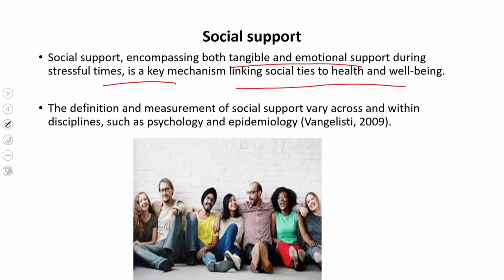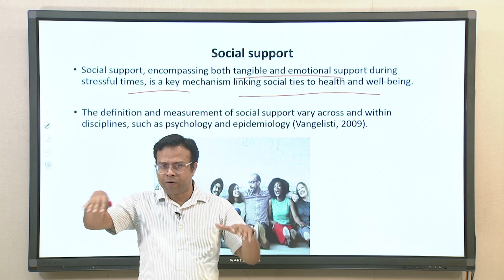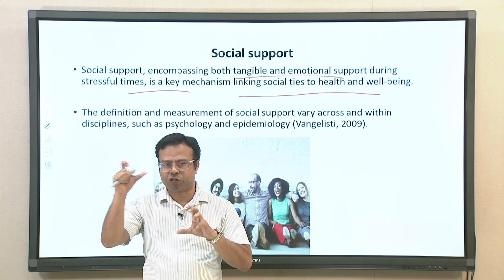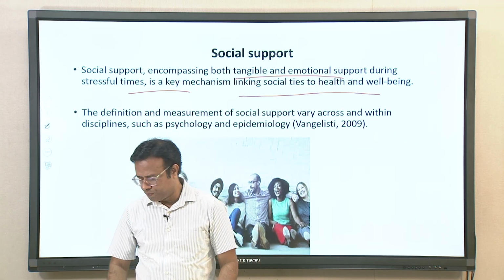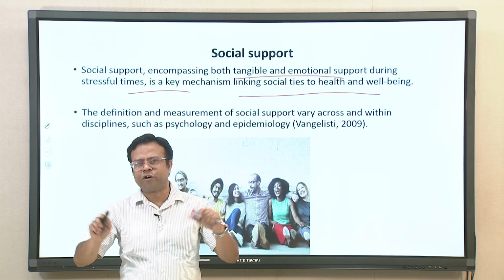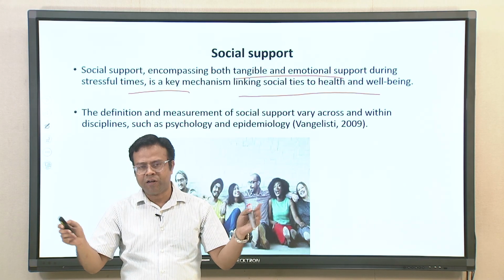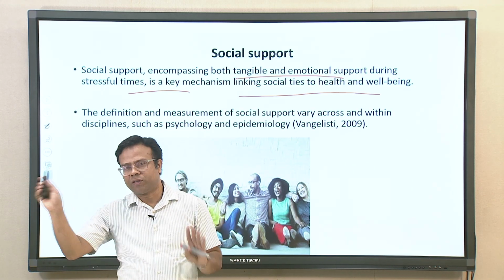So, social support includes giving something tangible, or it may also include giving emotional support and so on. Now, the definition and measurement of social support varies across disciplines. Within a discipline also, people have various conceptualizations of it.